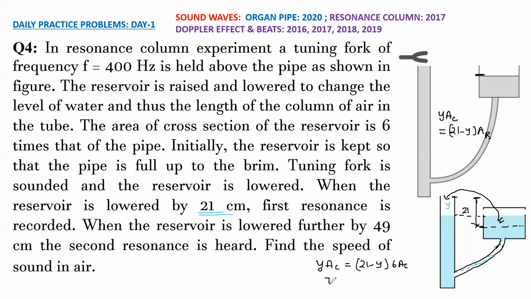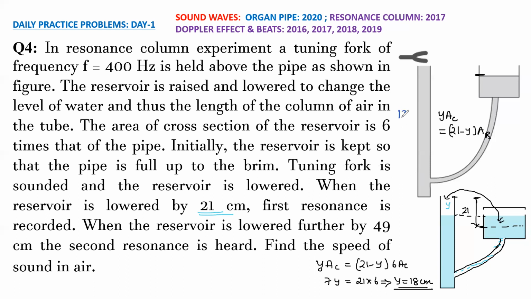Accordingly, we get 7Y is equal to 21 into 6, or Y is equal to 18 centimeters. So the first resonance occurs when the air column length is 18 centimeters.